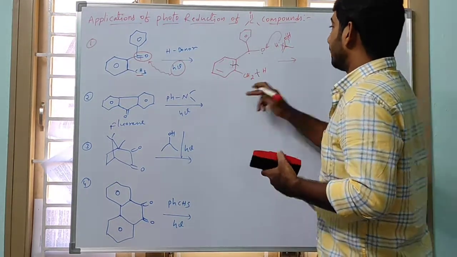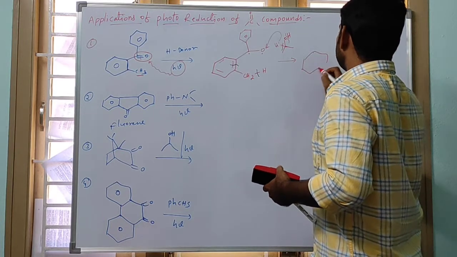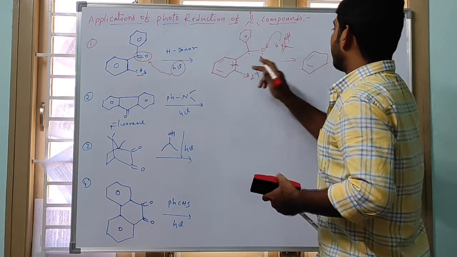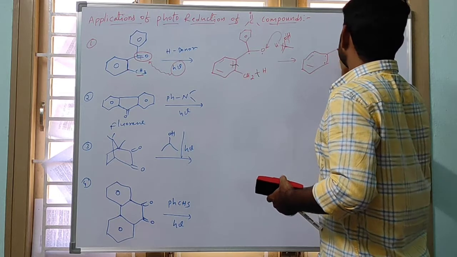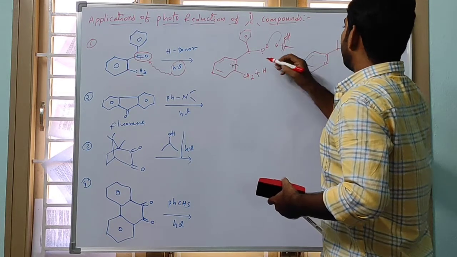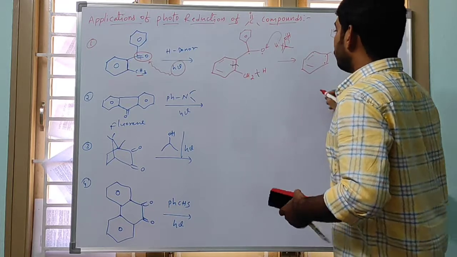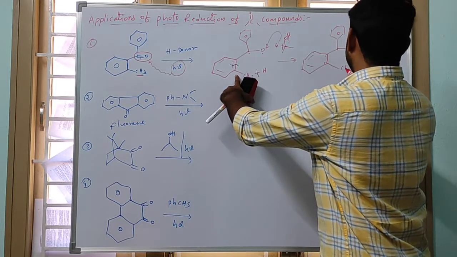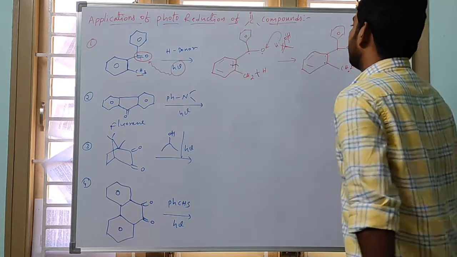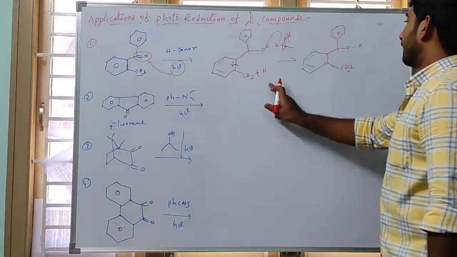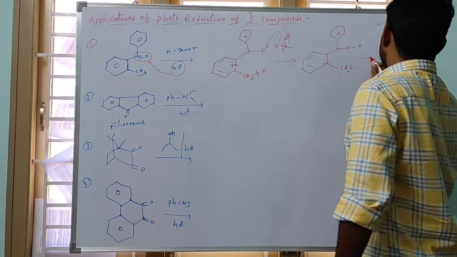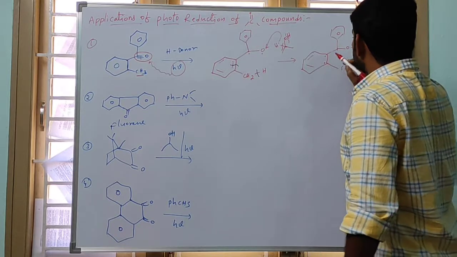Now what is the product here? By breaking of this bond, two radicals form: hydrogen abstraction, OH, the phenyl group, and here a radical on CH2.